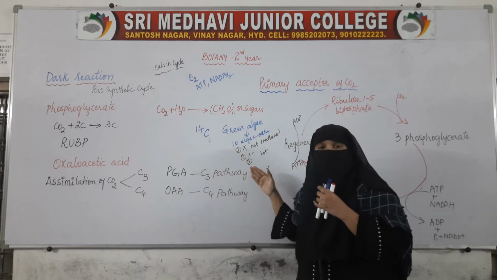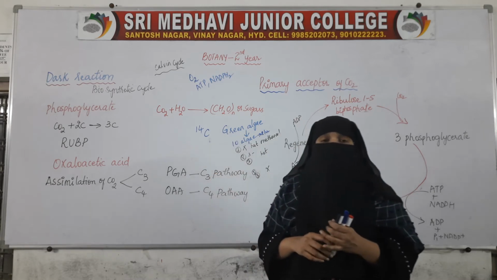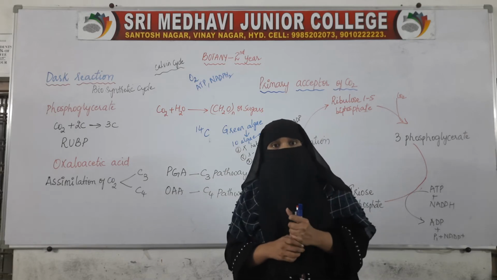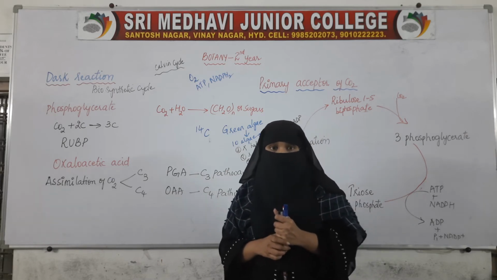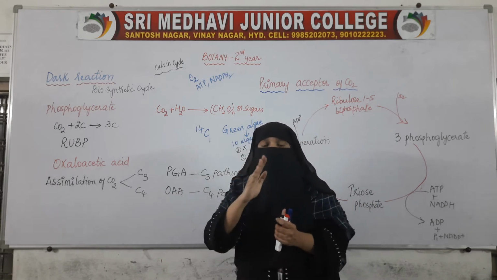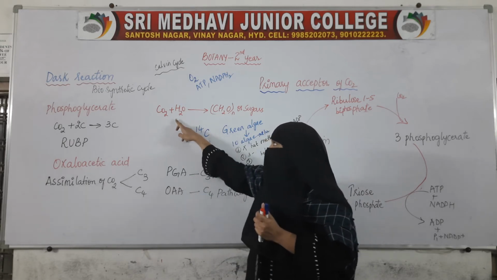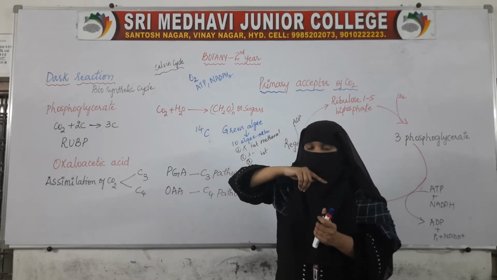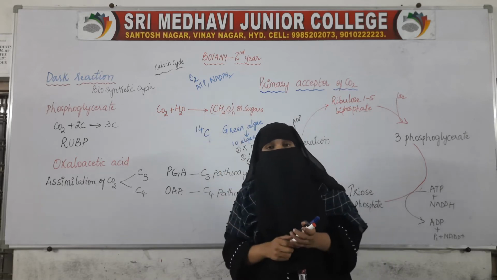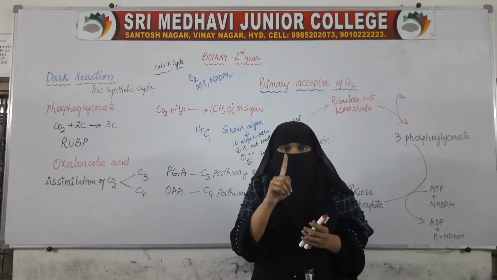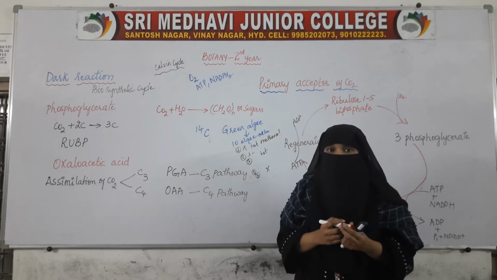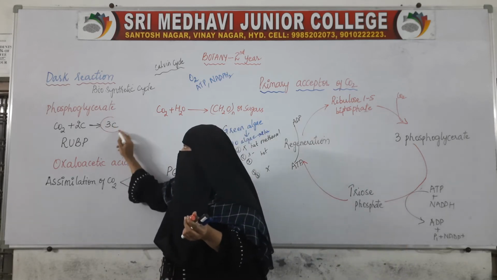Like this he continuously did this experiment and saw what intermediate products are formed at different stages. At stage 1, when carbon dioxide was taken up by the plant with the help of ATP and NADPH, the first product formed was a 3-carbon compound.